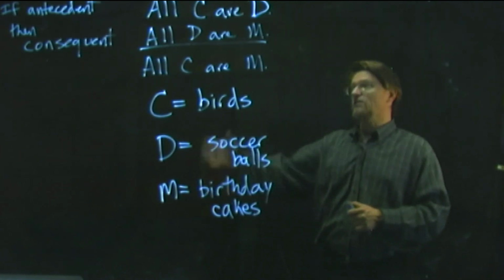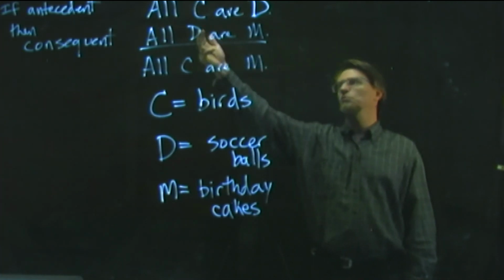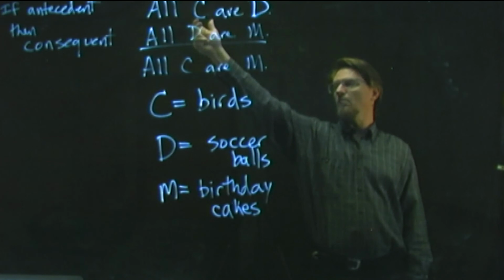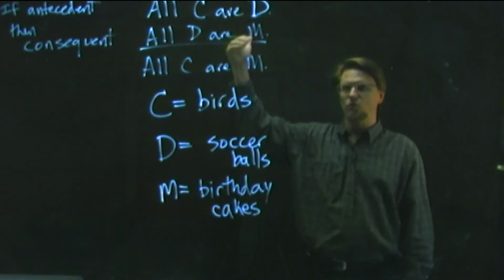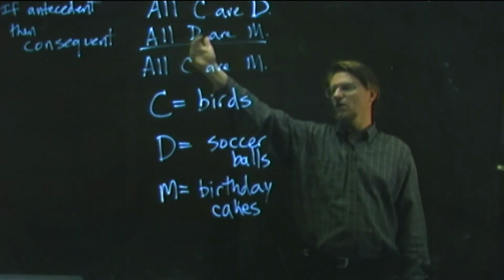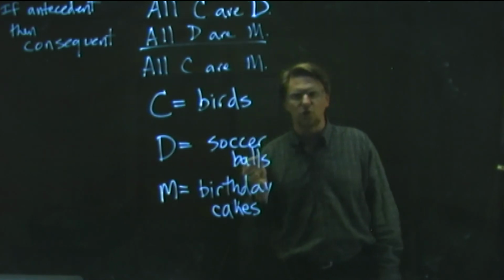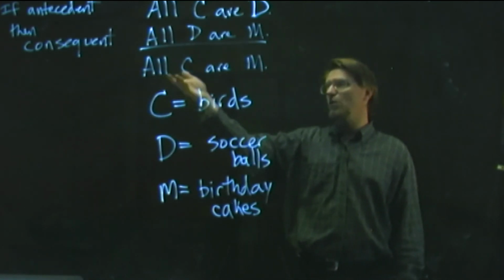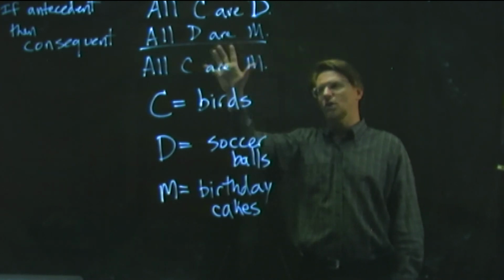Very random things. But plug it into this structure and you will see that it is still going to be valid, because what we're going to end up with is all birds are soccer balls. So let's assume that somehow that's true, that all birds are soccer balls. Let's assume it's also true then that all soccer balls are birthday cakes. If both of those things were true, it would in fact be guaranteed that all birds are birthday cakes, right?